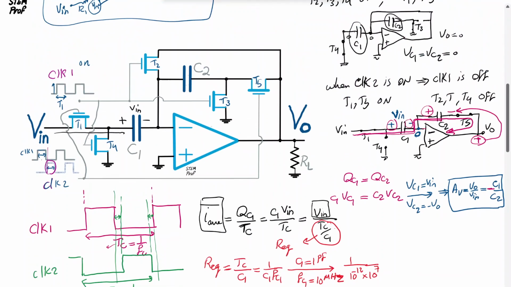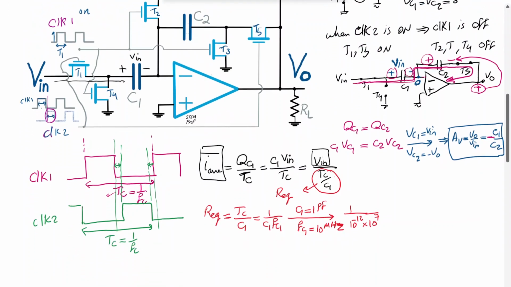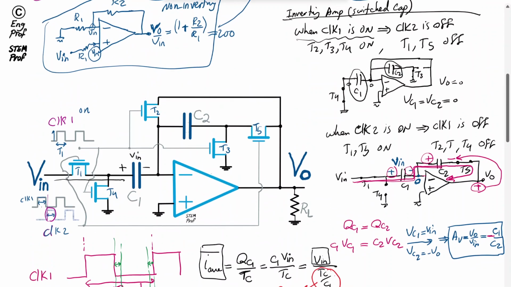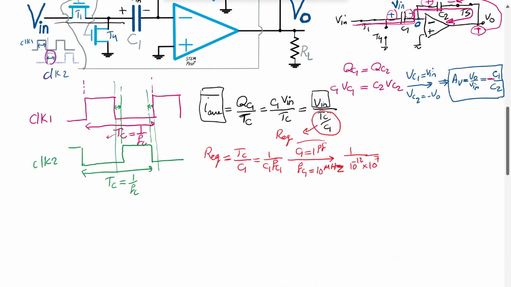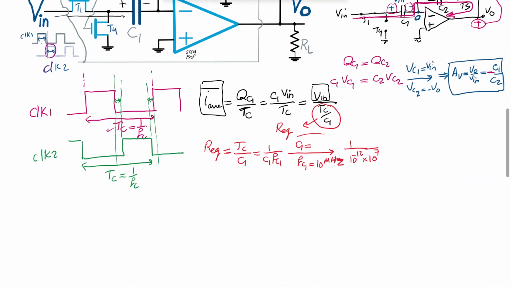What we wanted, for example, is to get a gain of, in the example we tried, say, 200. I'm just trying to give a practical example. So C1 is 200 picofarad, C2 is 1 picofarad, and let's say I go with a clock of 1 megahertz as an example.